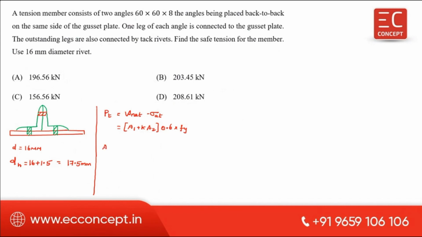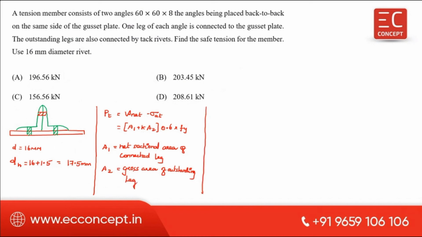Now A1 is the net sectional area of connected leg. Then A2 is the gross area of outstanding leg. So A1, A2.